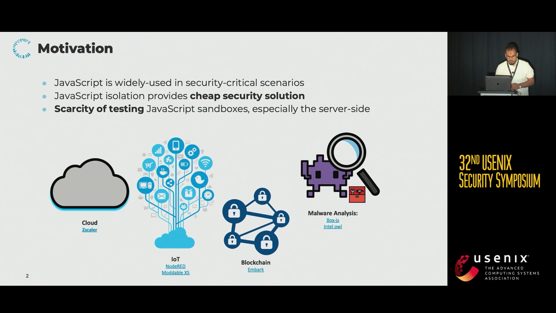So JavaScript provides a cheap solution for some lightweight applications, starting from writing your smart contract, or even having your IoT application, or even doing malware analysis for JavaScript, or even building your own application on the cloud. But unfortunately, those sandboxes are not tested in an automated way, or even there's no protocol to test those sandboxes.